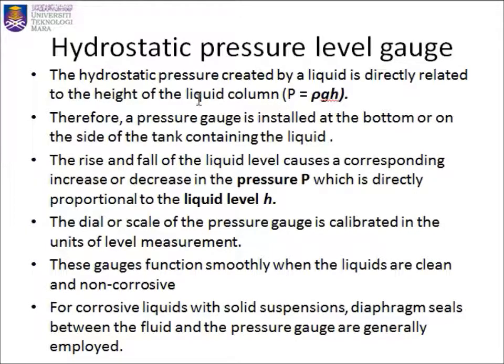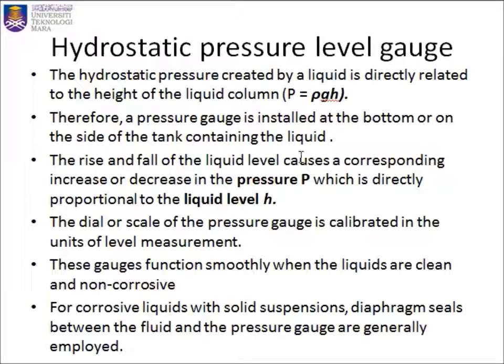The hydrostatic pressure created by a liquid is directly related to the height of the liquid column, which is pressure equals rho g h. Therefore, a pressure gauge is installed at the bottom or on the side of the tank containing the liquid. So kita tengok tadi lah. Okay, ada yang the bottom, ada yang the side.